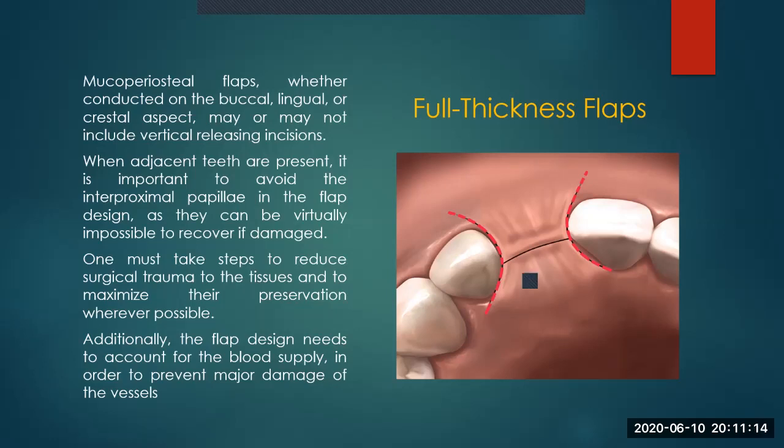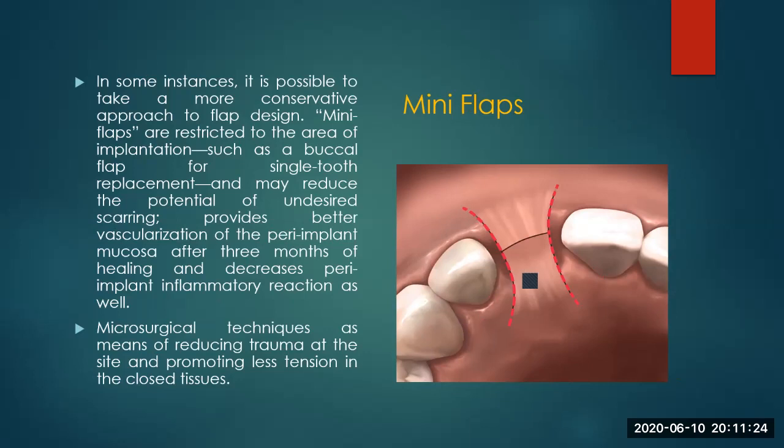This type of flap provides better exposure, more visibility, and better access, whereas the other type of flap, which is called the mini flap, is basically similar in design, but the difference here is that the interdental papillae are not involved within the flap.